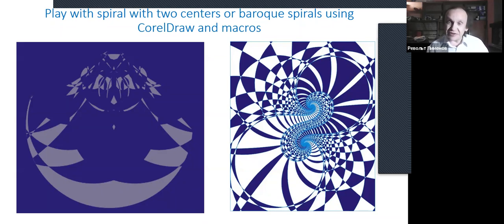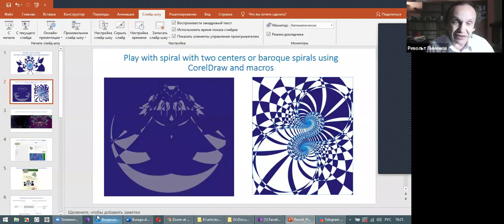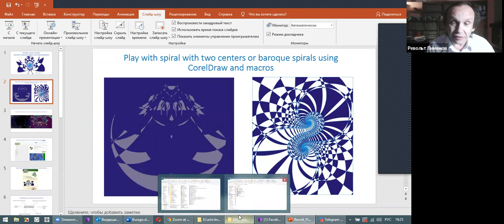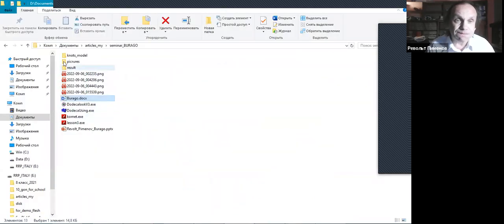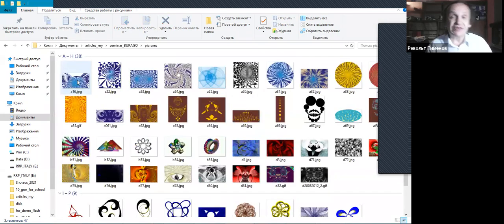But if we do this clear step in math, we lose some visual properties of the visual variety of figures that we have in such spirals. And after this, I will show you this variety. Now I show varieties of forms of aesthetic geometry, and some comments will follow.